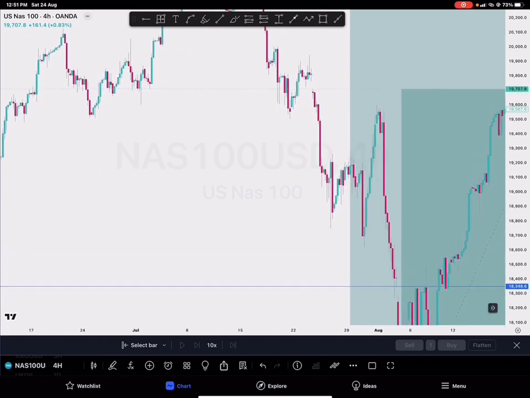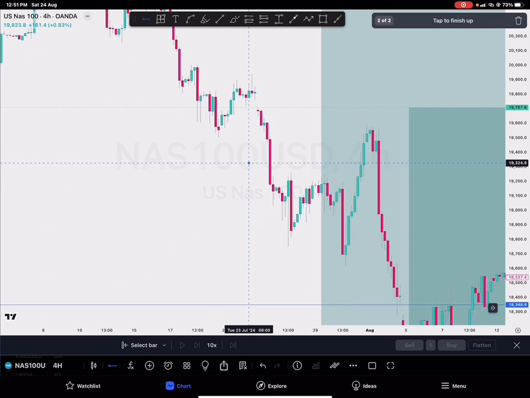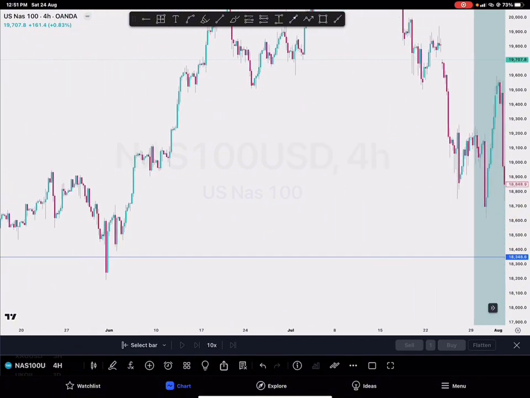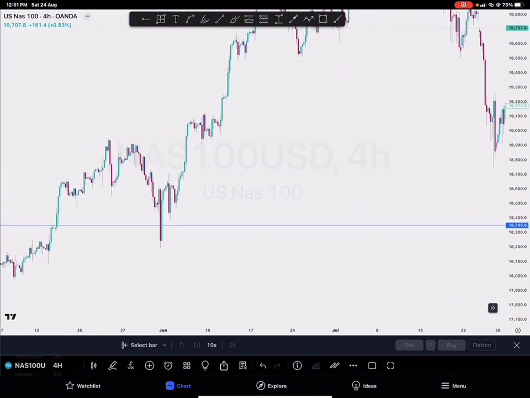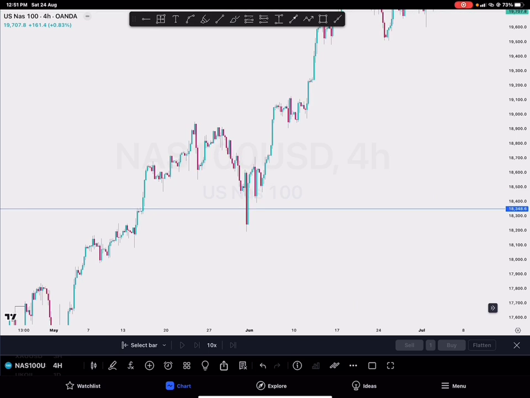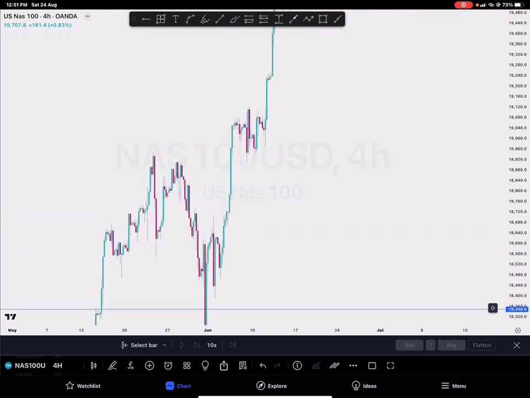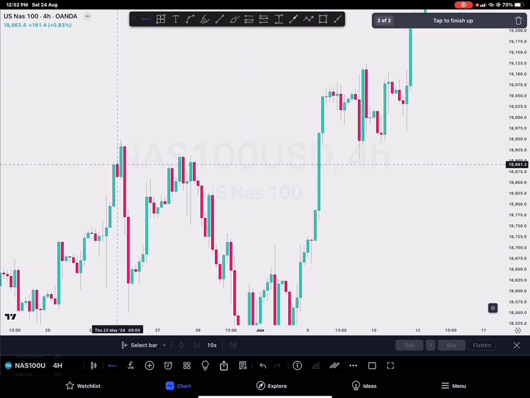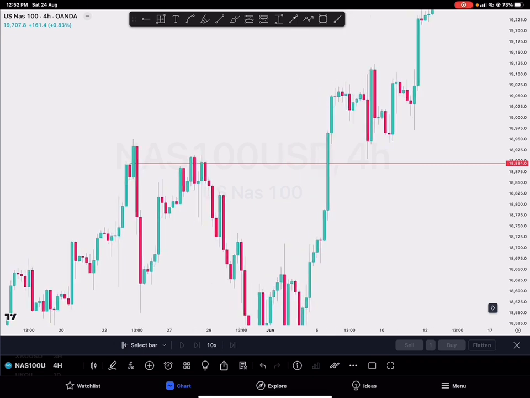So let's see if we have one more example. This is also another example of the higher time frame normal liquidity engineering, because price performed a closure here.